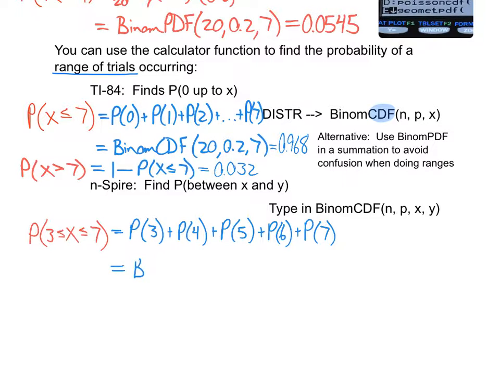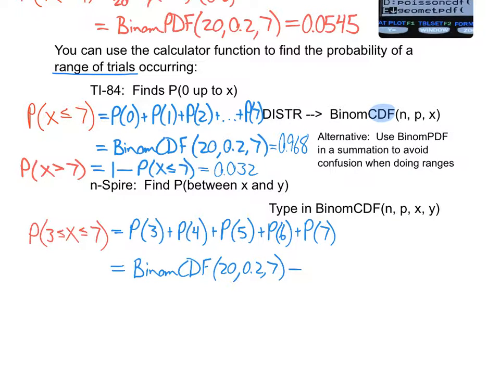You would do binomial CDF with 20, 0.2, and 7. However, you got too much, so you can subtract the CDF with 20, 0.2, and 2. Yes, and the tricky part is making sure you get the right boundary.